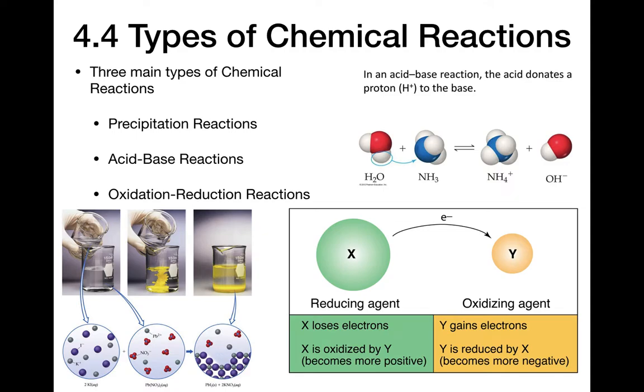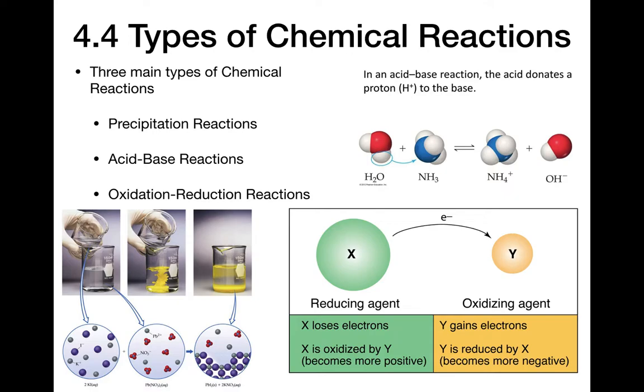And so in that case, we have one particle being oxidized by losing electrons, the other particle being reduced by gaining electrons. You definitely want to study oxidation reduction reactions, since we really did very, very little with that in Chem 1.